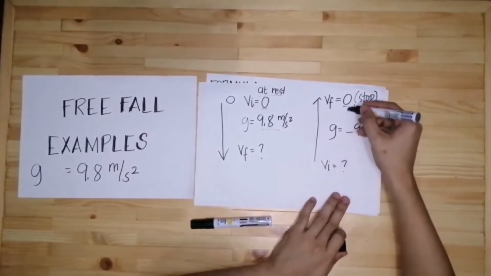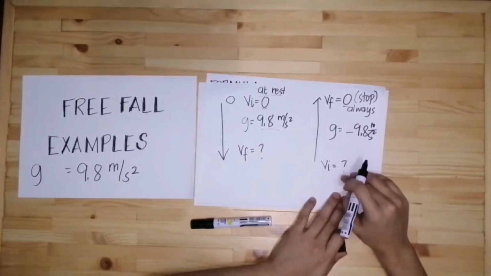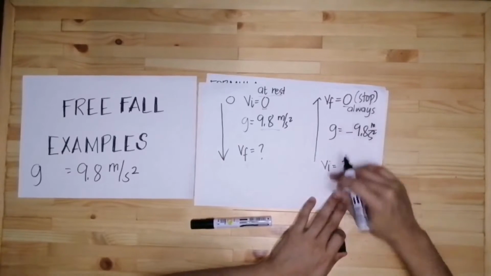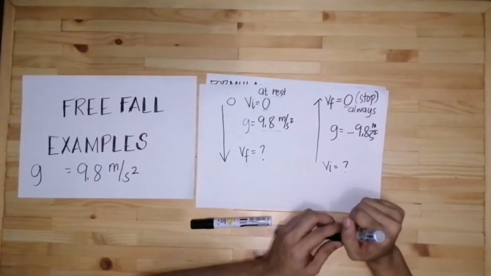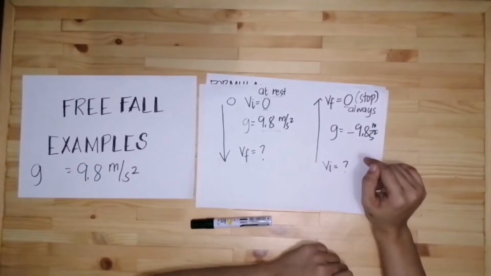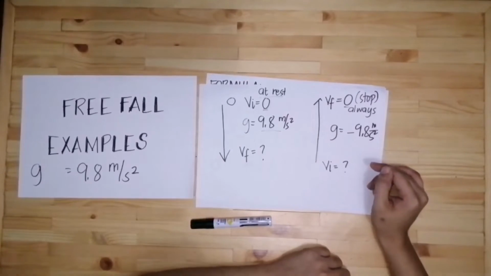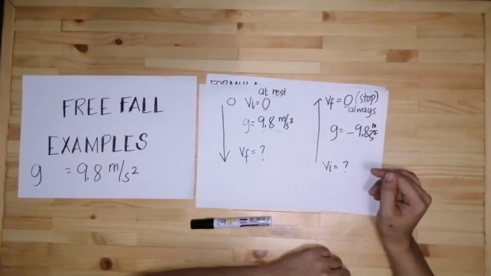That is why it goes to 0, because from a certain initial velocity it keeps decreasing until it becomes 0. That is why we put negative 9.8. So those are the things that we need to remember whenever we are solving problems that involve free fall motion.